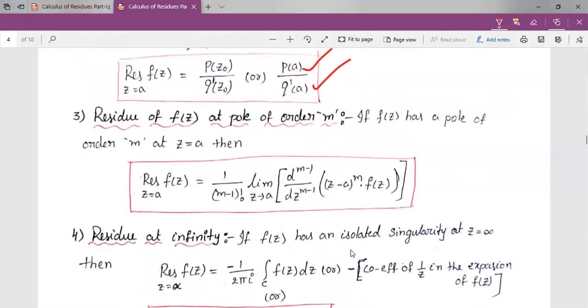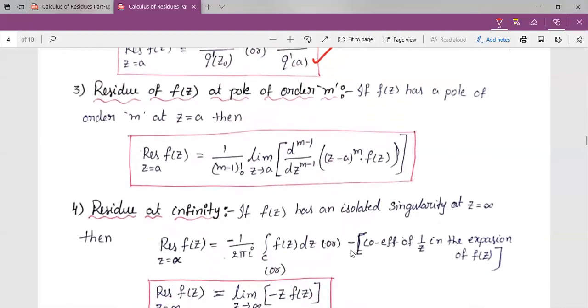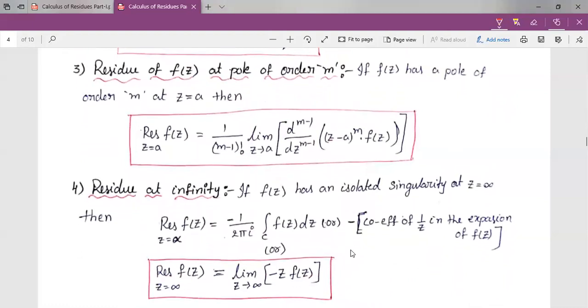The third point: residue of f(z) at a pole of order m. If f(z) has a pole of order m at z = a, then we can find the residue at z = a by using Res f(z) at z = a equals 1/(m − 1)! times the limit as z tends to a of d^(m−1)/dz^(m−1) of [(z − a)^m f(z)].